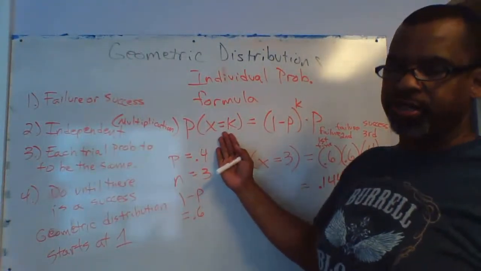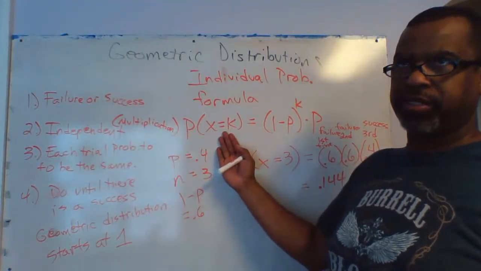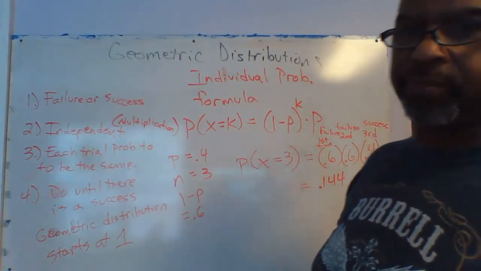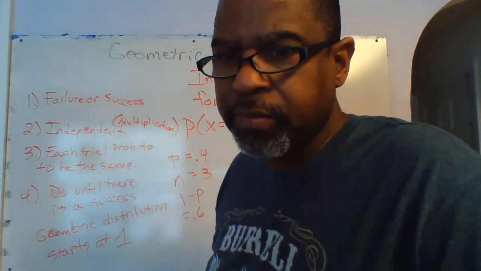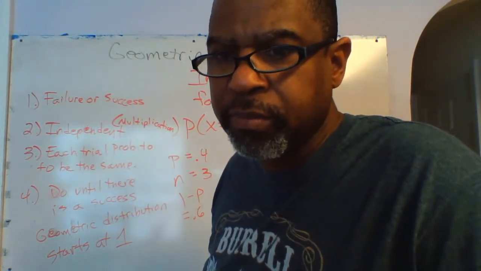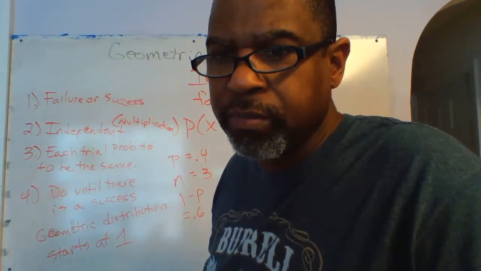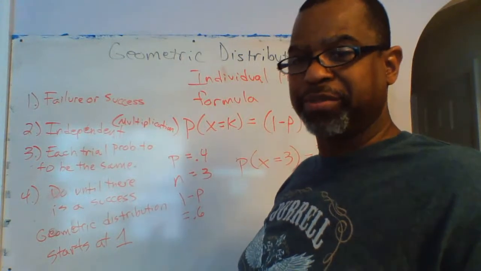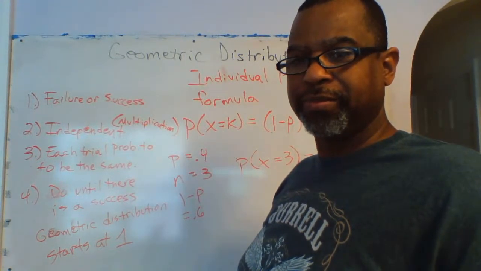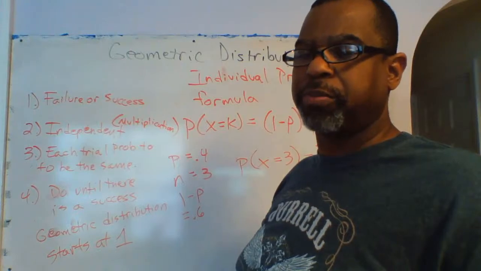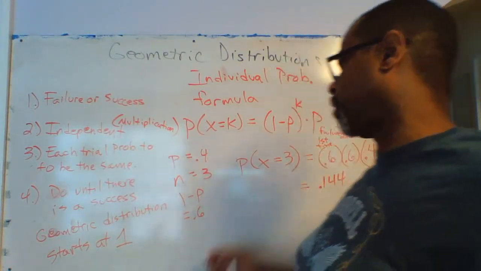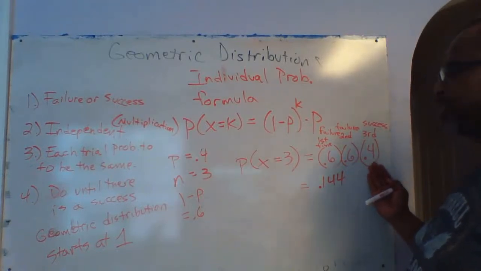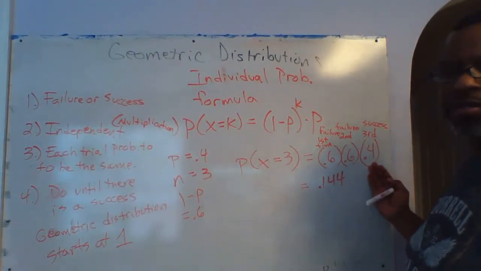You're looking for that it takes you 3 times to get a success. What's going to happen the first 2 times? Don't you fail the first 2 times? So if it's independent, you got to multiply all the probabilities. You're going to fail the first time, you're going to fail the second time, and you're going to succeed on your third try.